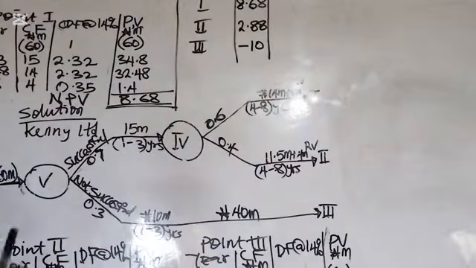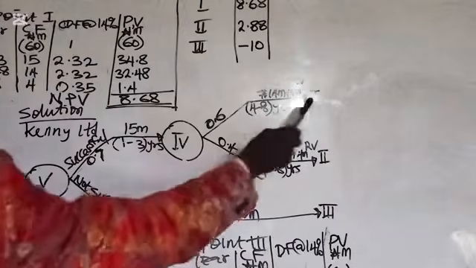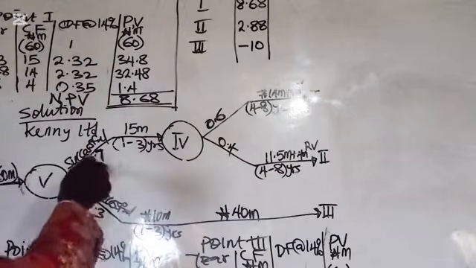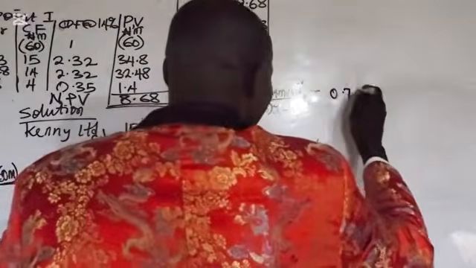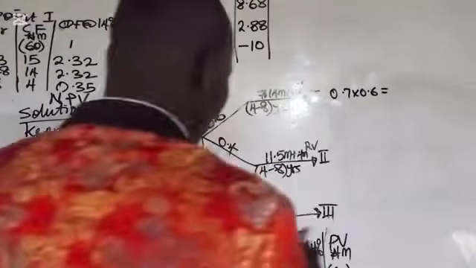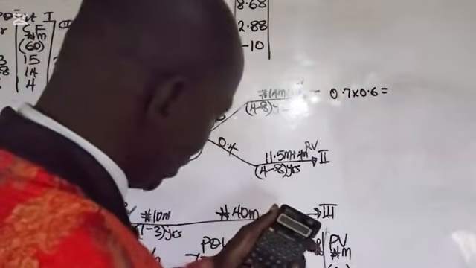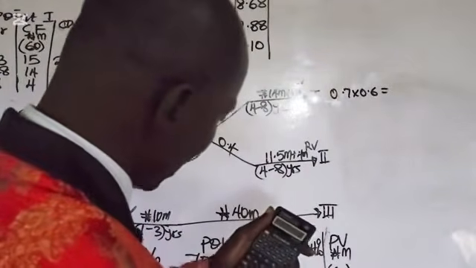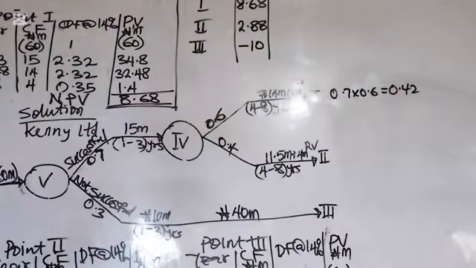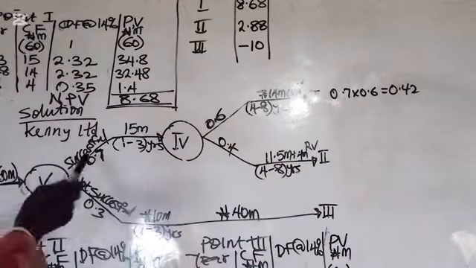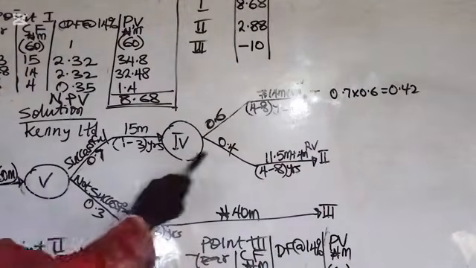If you want to travel from the point of origin to point 1, you have a probability of 0.7 here and 0.6. So we have 0.7 times 0.6. That gives us 0.42. That is the probability at point 1. Then at point 2, if you start from the point of origin, 0.7 and 0.4.